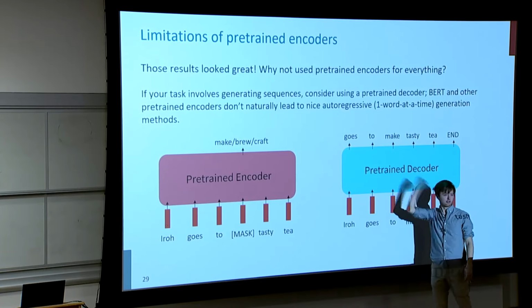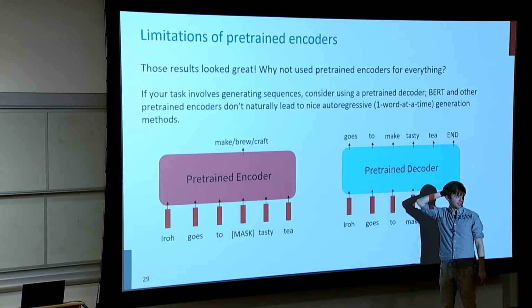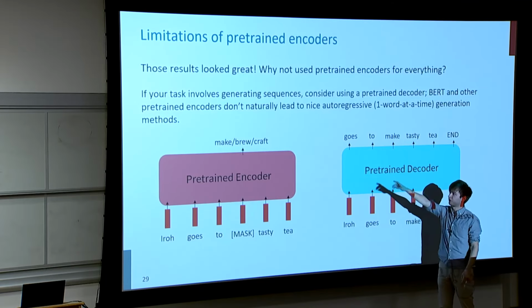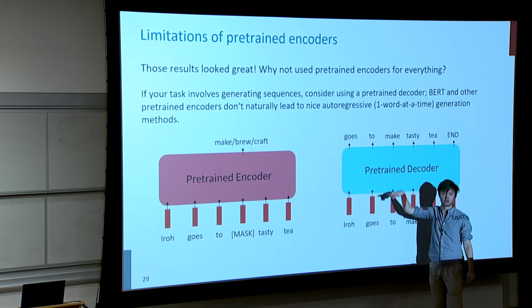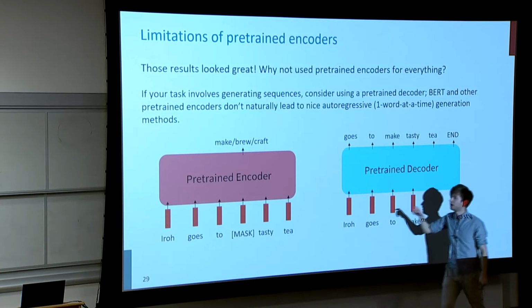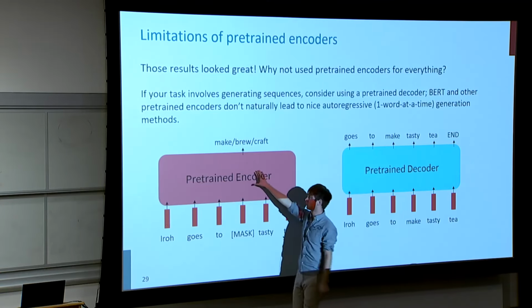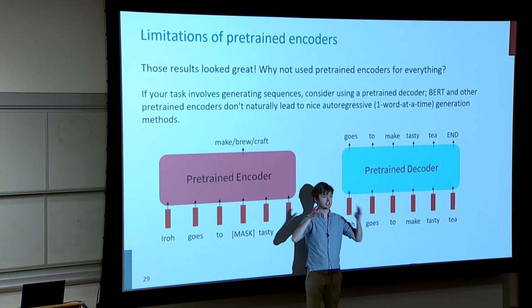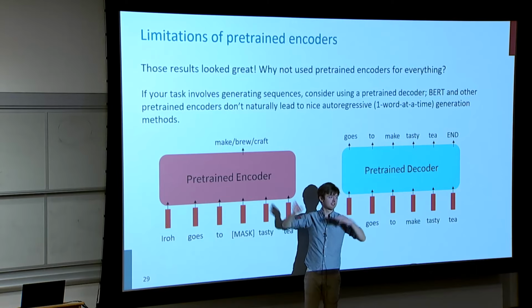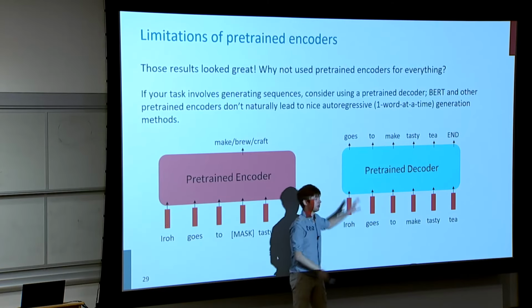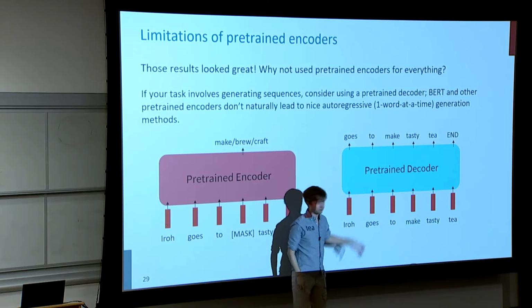So I wouldn't want to use BERT to generate a summary of something because it's not really built for it. It doesn't have a natural notion of predicting the next word given all the words that came before it. So maybe I want to use BERT if I want a good representation of, say, a document to classify it, give it a set of topic labels, or say it's toxic or non-toxic or whatever, but I wouldn't want to use it to generate a whole sequence.